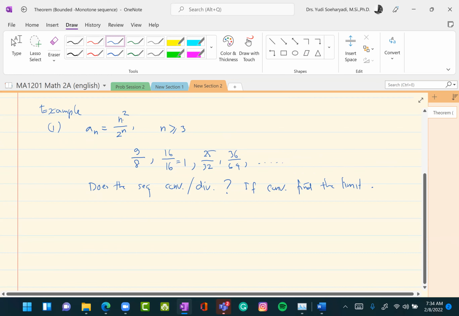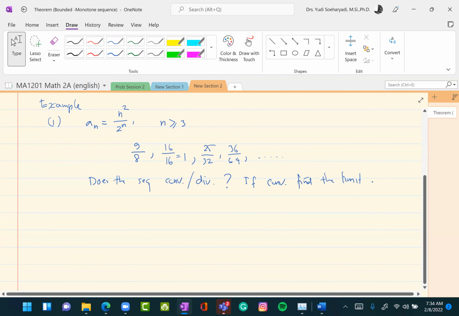So large over large, so you can do L'Hopital. And we know that the exponential is much larger than the polynomial, so it must go to zero.